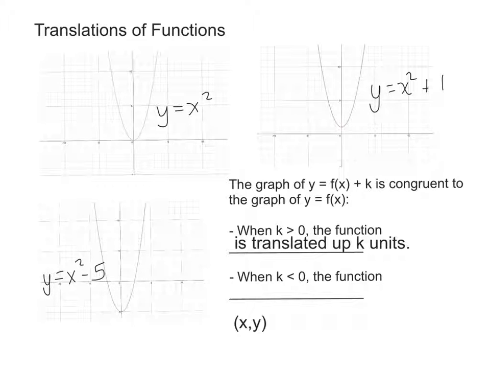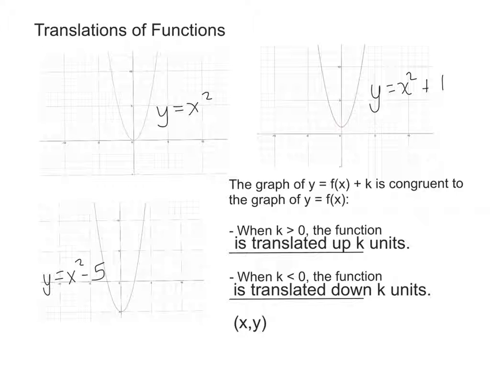And then when k is less than 0, the function is translated down k units, right. That's basically what you had to get out of that first part.